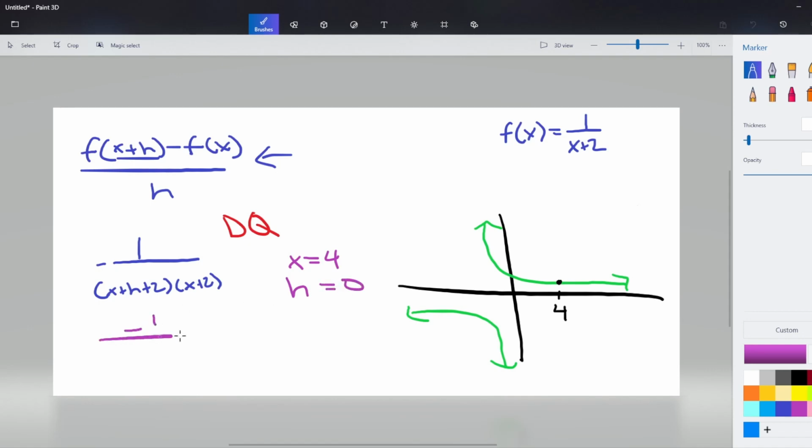If I plug this in, negative 1 over 4 plus 0 plus 2 times 4 plus 2. That will be 6 times 6, which is 36, so negative 1 over 36. So in the function 1 over x plus 2, at point 4, our graph has an average rate of change of negative 1 over 36.